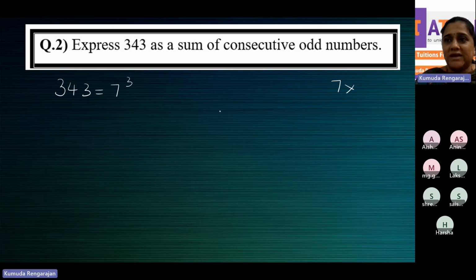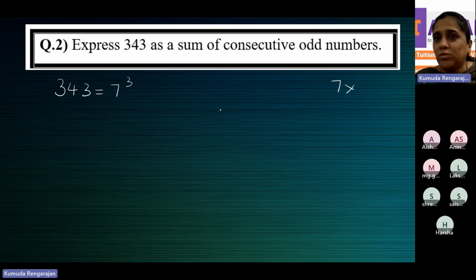20 cubed is 8,000. Okay, not so far. At least cube numbers less than 1,000. You must be able to identify cube numbers at least less than 1,000.